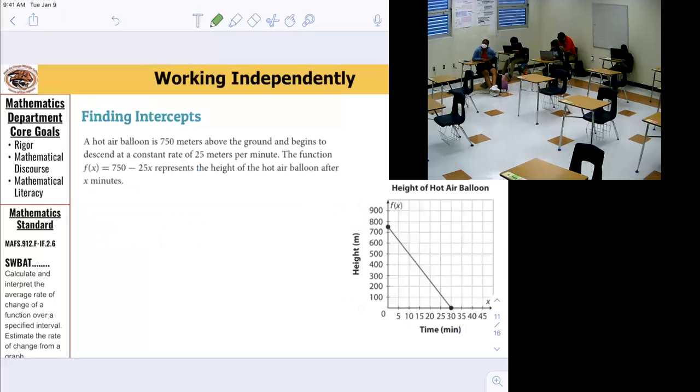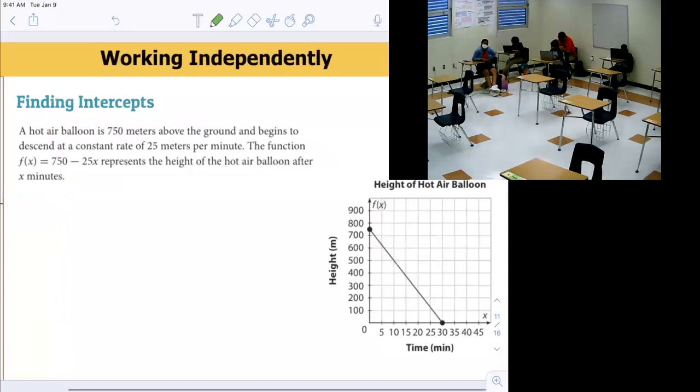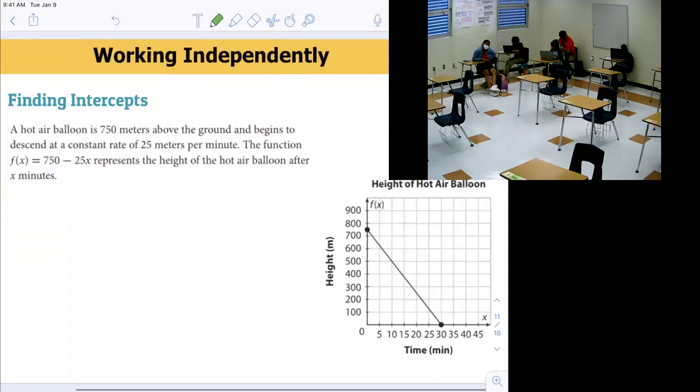So here it is. I'm going to read the situation, and I want you guys, while I'm reading, to start looking at the graph and try thinking about where it is and what it means. So a hot air balloon is 750 meters above ground, and it begins to descend at a constant rate of 25 meters per minute. The function f of x equals 750 minus 25x represents the height of the hot air balloon after x minutes.